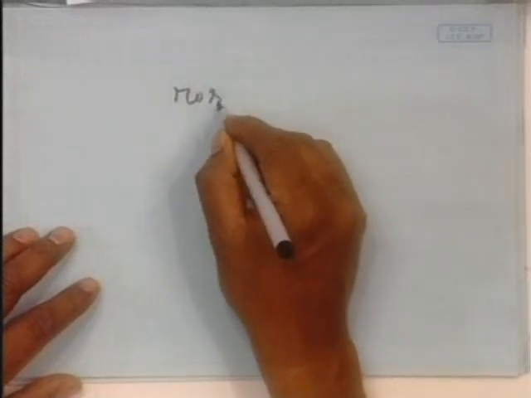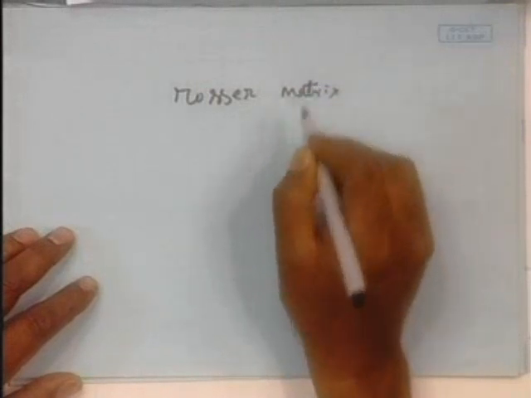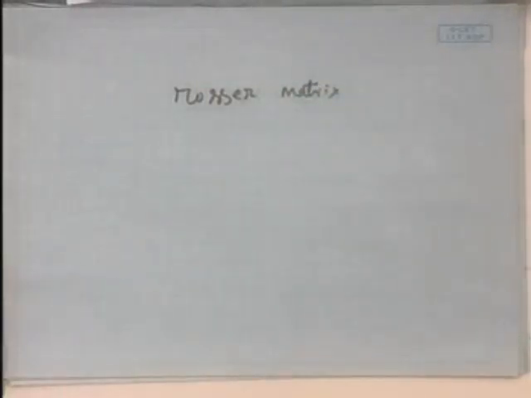Let me discuss a matrix which is known as the Rosser matrix. What is this Rosser matrix?